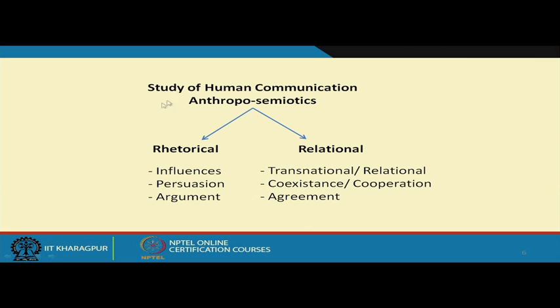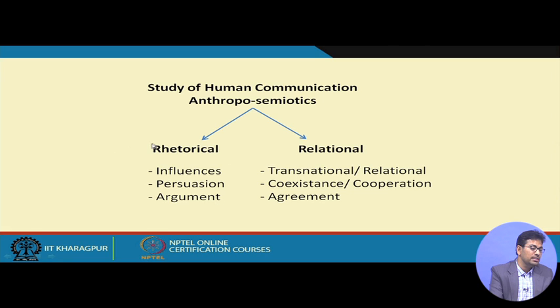If we look at this diagram, it shows the two aspects very clearly. The rhetorical aspect is one which influences, which deals with persuasion, and it is argument centric, whereas the relational anthroposemiotics is more relational or translational.